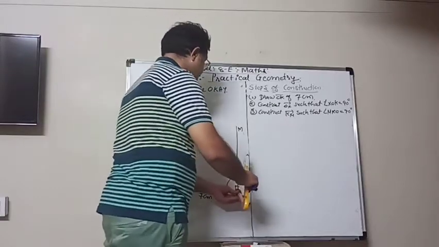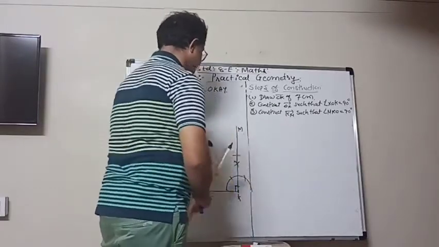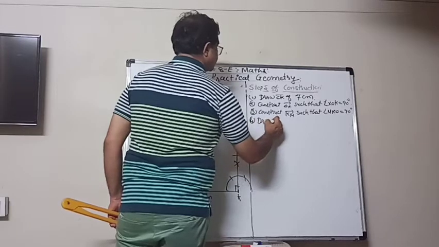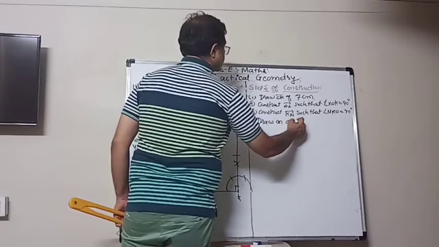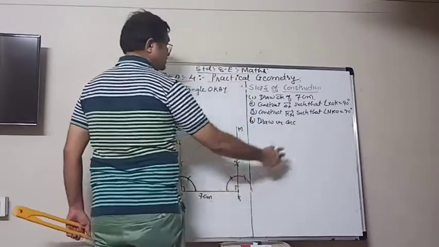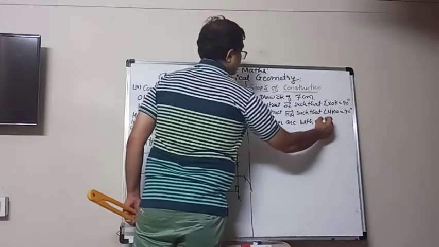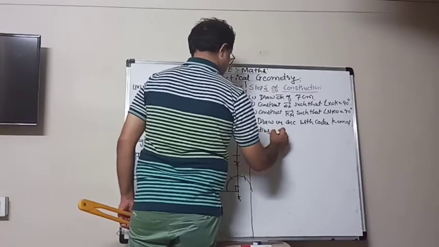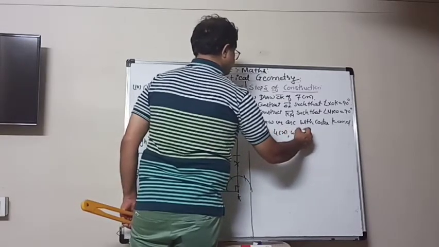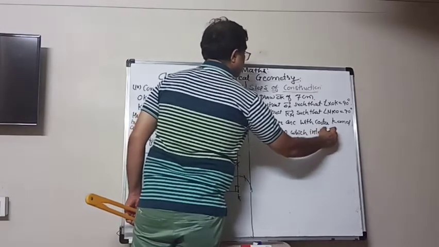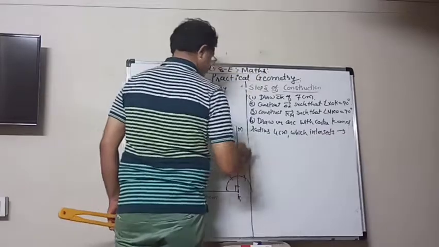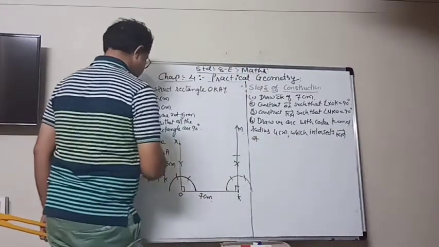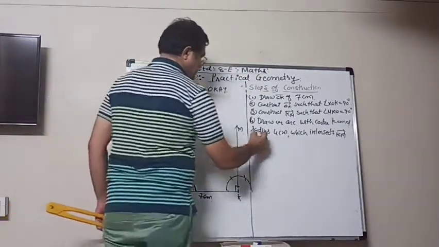And from the point K, draw an arc with center K and radius 5 centimeter, which intersects ray KM at, which will be the third vertex, A.